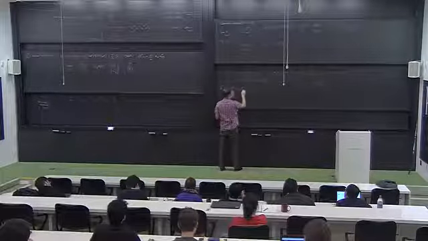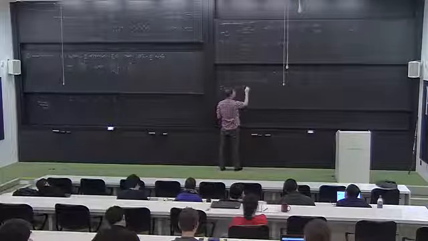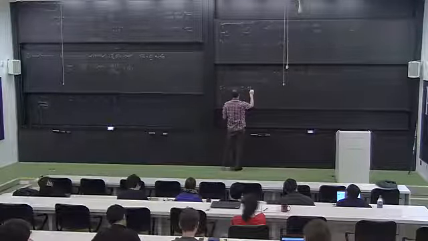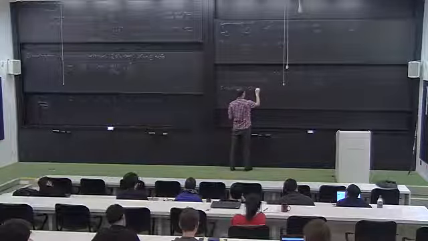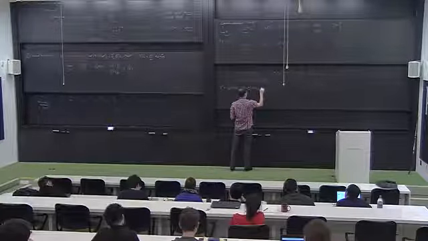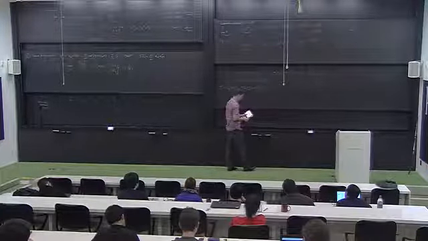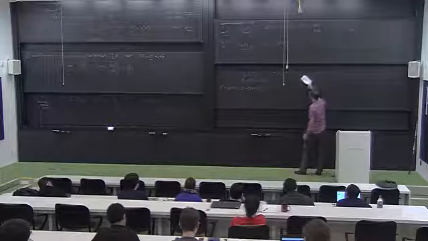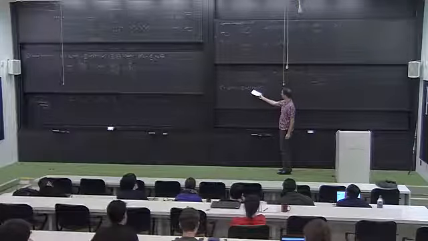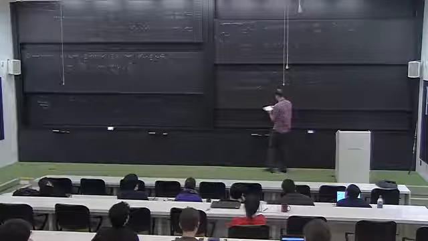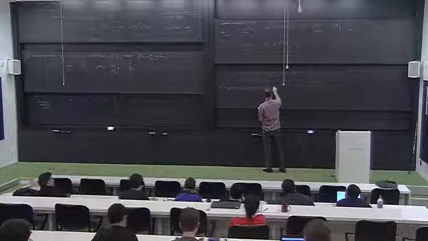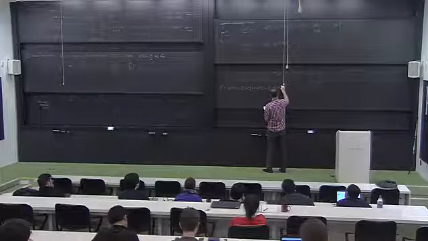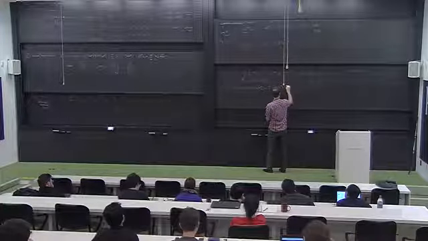So sum over k, phi B k, psi psi, phi B k. But now if we use this expression for psi, ket and bra, it's just one step to see that this becomes singular value squared, phi k A phi k A.